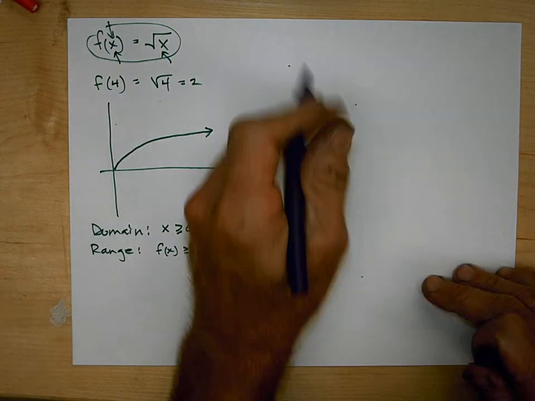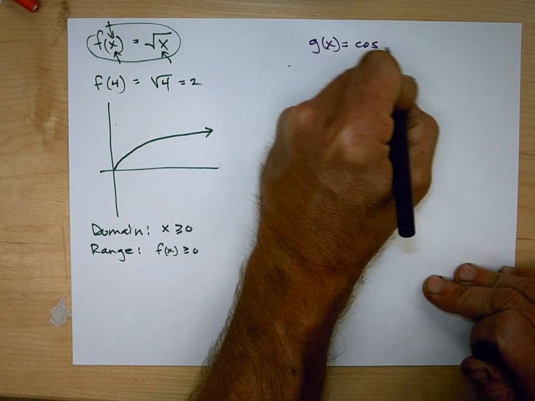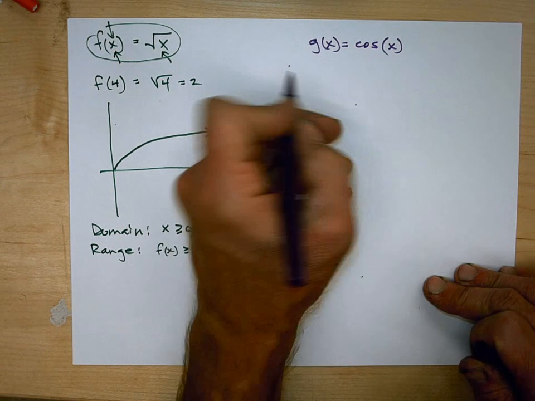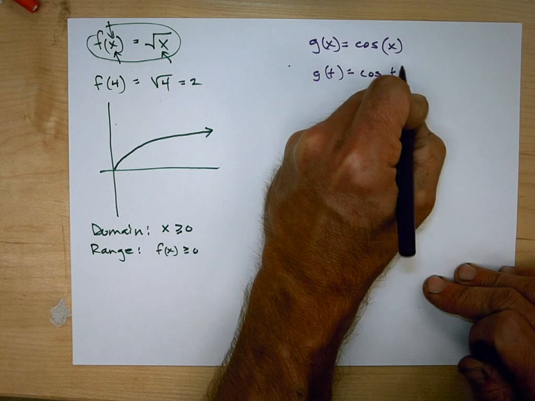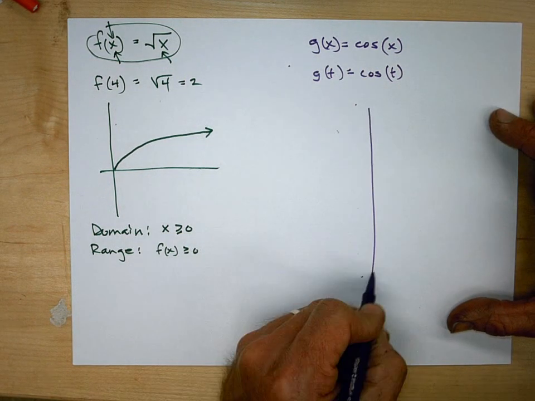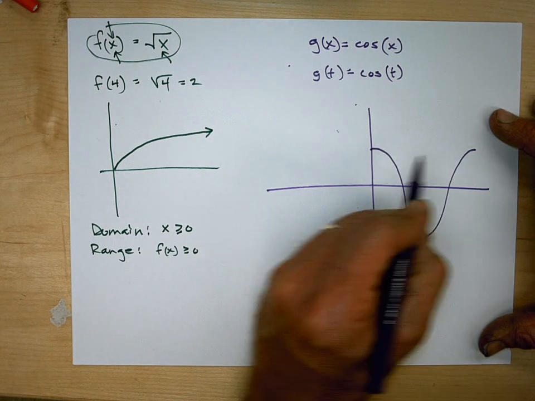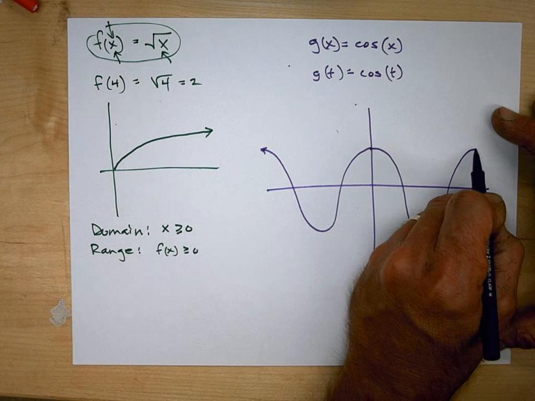A different example could be g of x equal to cosine of x. So g is the name of our function, and x is the name of our independent variable. We could just as well have called it g of t equals cosine of t, so t is now our independent variable. The graph of this looks something like this and continues in both directions forever, right?